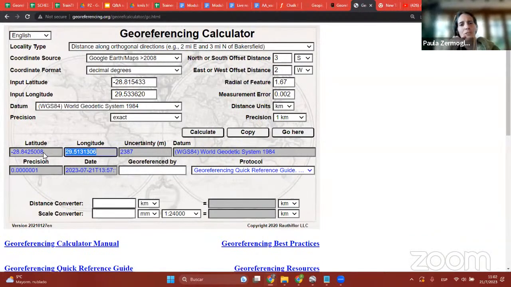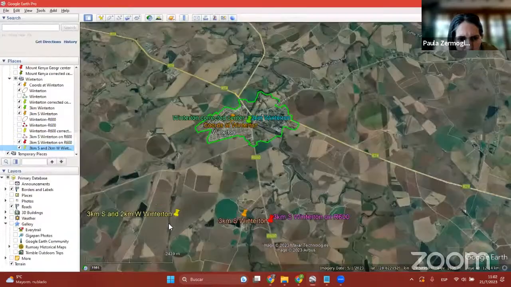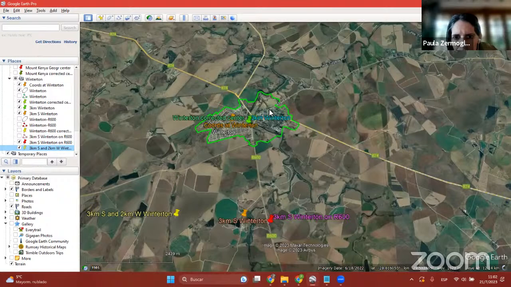Because we were moving south and west. The final point falls here, 3 kilometers south, 2 kilometers west. So the calculator gives you the final point and the associated uncertainty. So this will be all so far. Are there any questions about this?